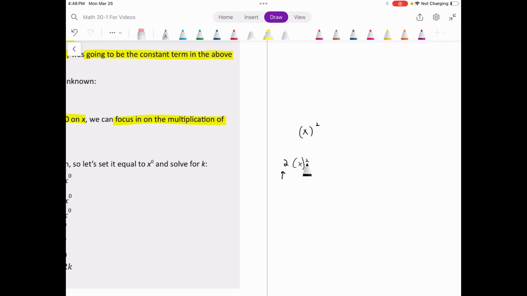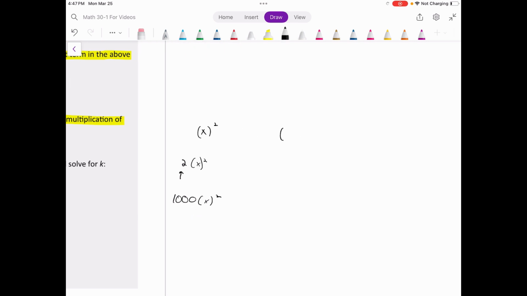But if all I'm interested in is what is the exponent on x, well, the exponent on x here is 2. The exponent on x here is also 2. It's just that there's a coefficient of 2, right? Even if I go 1,000 times x squared, the exponent on x is still 2, even though there's a big coefficient now. And this holds even if I'm doing 2x squared versus x squared.